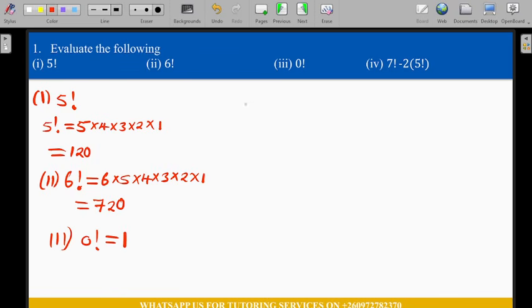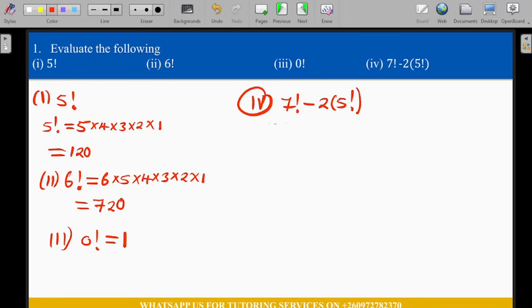Okay. Then for part 4, we have 7 factorial minus 2 open 5 factorial. For us to evaluate this, the easiest way is you look at the bigger number with a factorial, which is 7, and reduce it up to 5 factorial, this other number with a factorial.